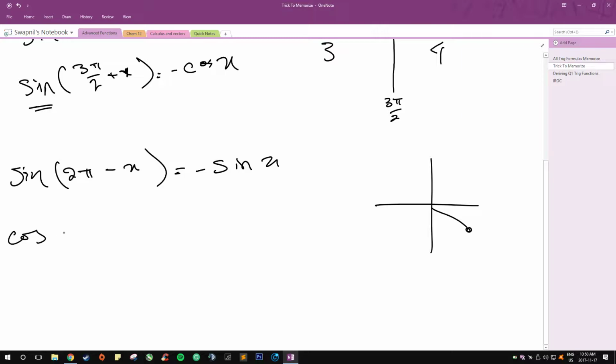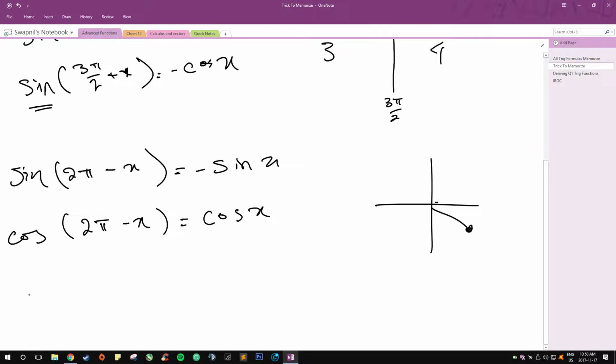Similarly, cos of 2 pi minus x lies on the right side of the origin, so that would mean it's positive. Now you don't have a fraction, so you don't need to take the cofunction of it, so you just do cosine of x.